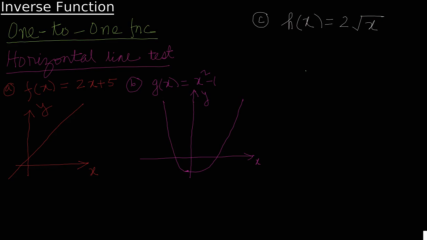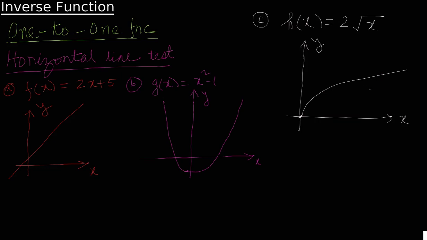Now if I try to plot this function, this is my x-axis and this is my y-axis, and my function is going to look something like that. So this is the plot of all three functions.